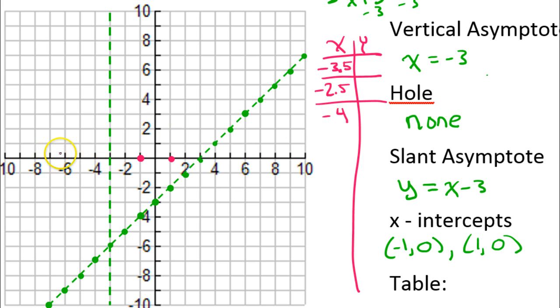I want at least 3 points on each side, so I'll do -4 and -5. Then I'd like to see what's going on in between, so I'll check out what's going on at 0. That's going to give me plenty of information.